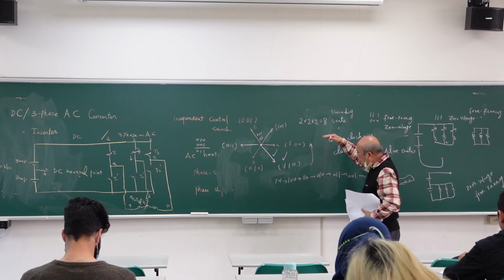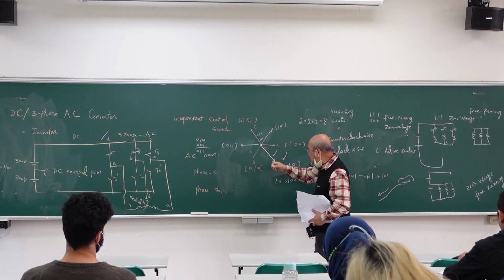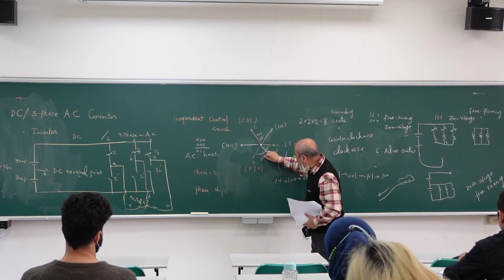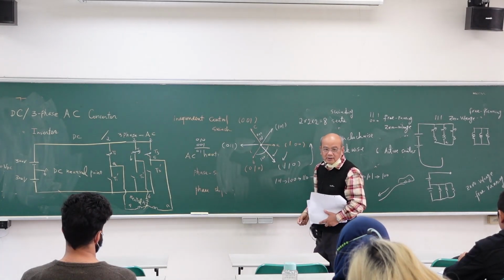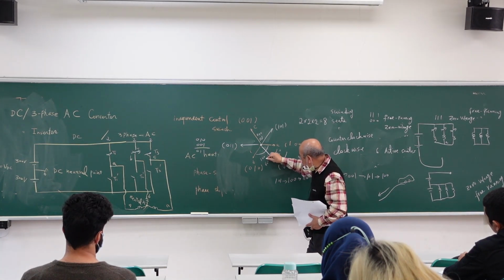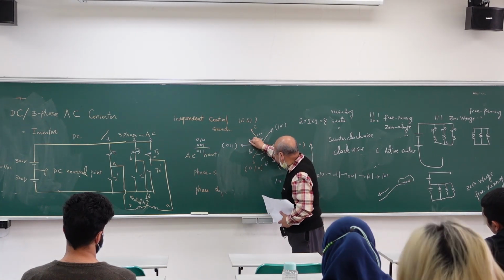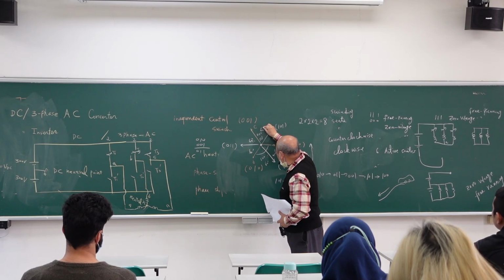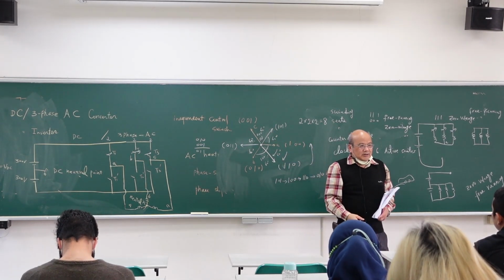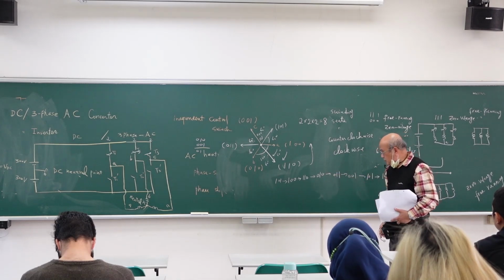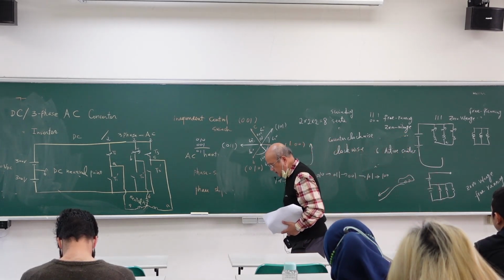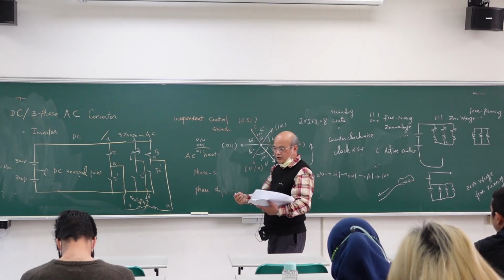So how about each step? How many degrees? From here to here, 120. How about this one? 60, 60, 60, 60, 60, 60 degrees. So if you have a motor, each step 60 degrees, each step.